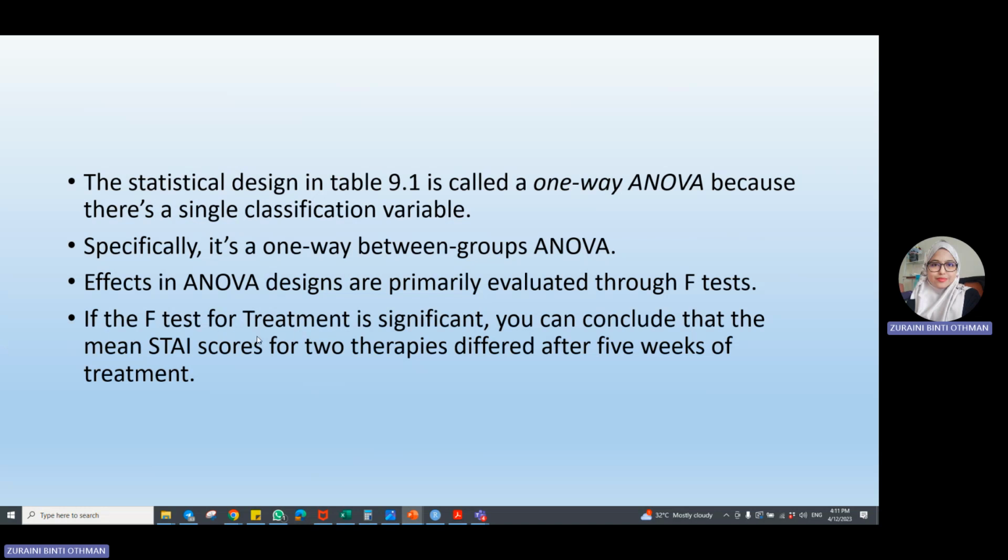If the F-test for treatment is significant, you can conclude that the mean STAI scores for the two therapies differed after 5 weeks. We have to measure whether the treatment is significant or not from the F-test.